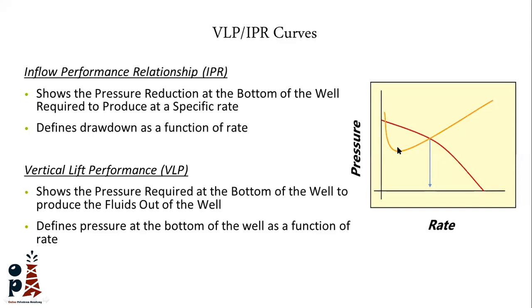While the vertical lift performance curve is showing the required bottom hole flowing pressure that is capable of lifting the reservoir fluid to the surface. We will come into each one in detail in the next slides, but the important thing is that the intersection between these two curves is the solution of the node point, which gives me the rate, only one rate, and this rate is accompanied with a certain PWF.